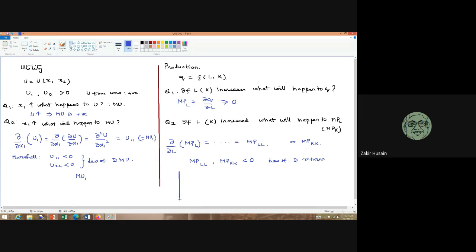So, as you can guess, the nature of the curves, both over here and here, are the same. So I'm using the same diagram, just putting in x1 and y, without specifying what x1 is. In case of utility, it's x1 and this is U. In case of production, this is labor or capital and this is output.